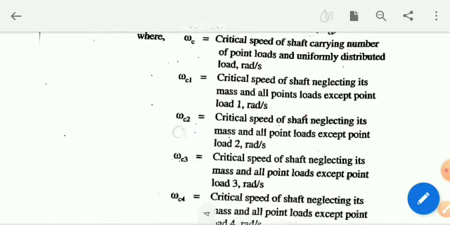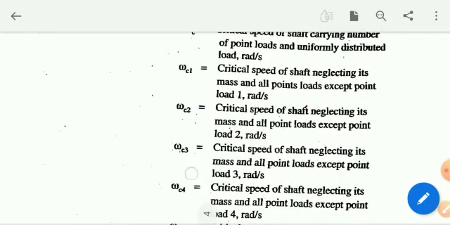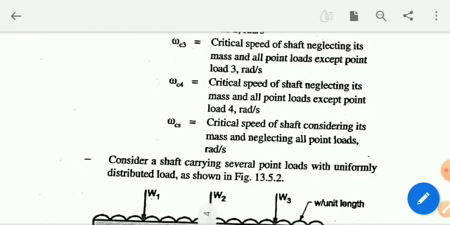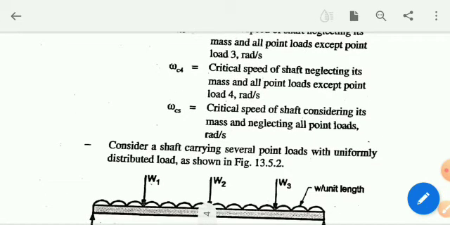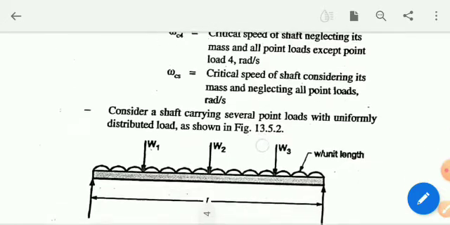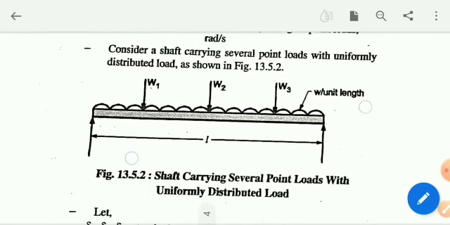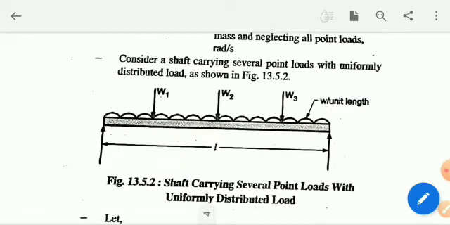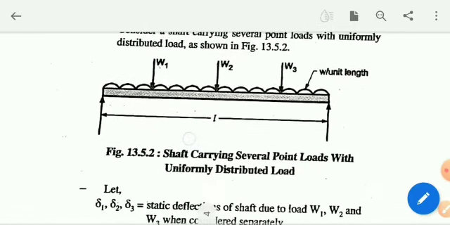We will consider only load 1. Same way for omega cs, the critical speed of the shaft considering its mass and neglecting all point loads. Now consider a shaft carrying several point loads with a uniformly distributed load as shown in the figure.